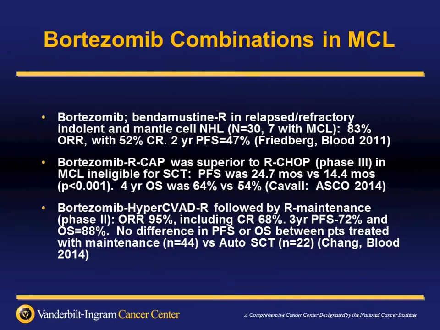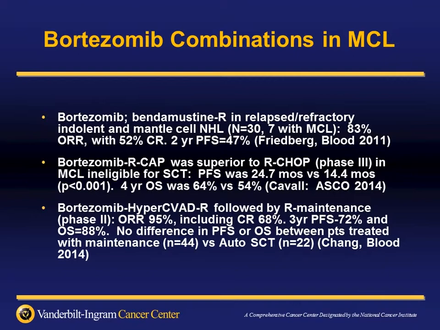Bortezomib has been approved for mantle cell lymphoma, and we're trying to figure out how to use it. So these are 3 reports. First, using it with bendamustine rituximab in relapsed refractory indolent and mantle cell lymphoma with an 83% overall response rate and 52% CR and 2-year progression-free survival at 47%. The next trial is very important because basically it indicates bortezomib plus Cytoxan, adriamycin, prednisone, and rituximab is better than R-CHOP.